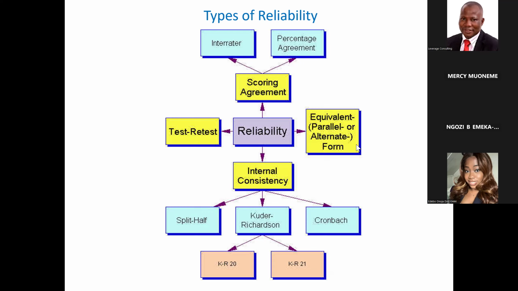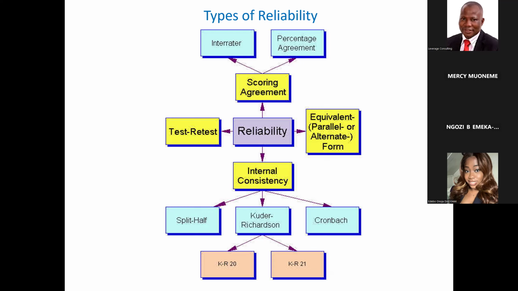So sometimes you look at percentage agreement. You rate, another person rates, and you want to say to what extent do they agree? That is part of the measure of reliability. That one is under scoring agreement. Now, inter-rater most of the time doesn't have quantitative values. You just rate present, not present, or grade A, grade B, grade C. But the other one is maybe you put a value.